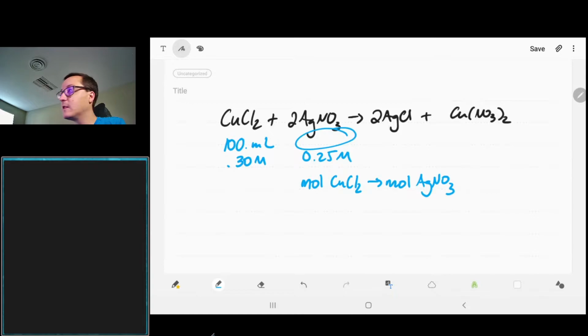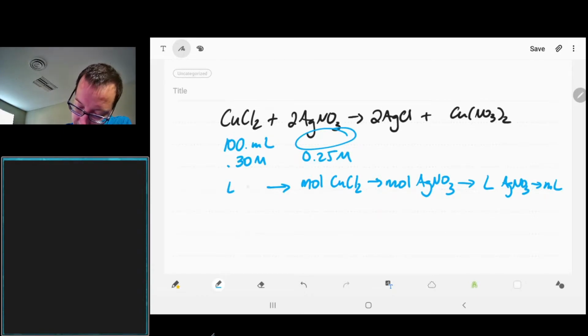All right, and then so it looks like with both of these we're dealing with molarity. So molarity, remember, takes us to liters. And then we can go to milliliters just using the metric system. And in this case, it's going to be the same on the other side because we're given a volume of copper 2 chloride.